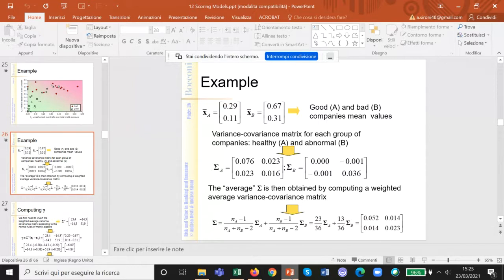Now, the average sigma, the average variance-covariance matrix, is here computed as a weighted average of those two variance-covariance matrices, i.e. in the case of the good companies, the weight is 23/36. In the case of the bad companies, 13/36. And that's the weighted average variance-covariance matrix.